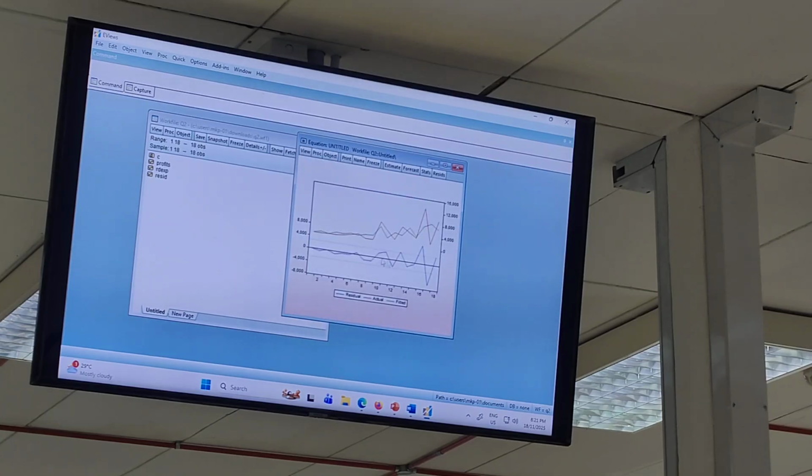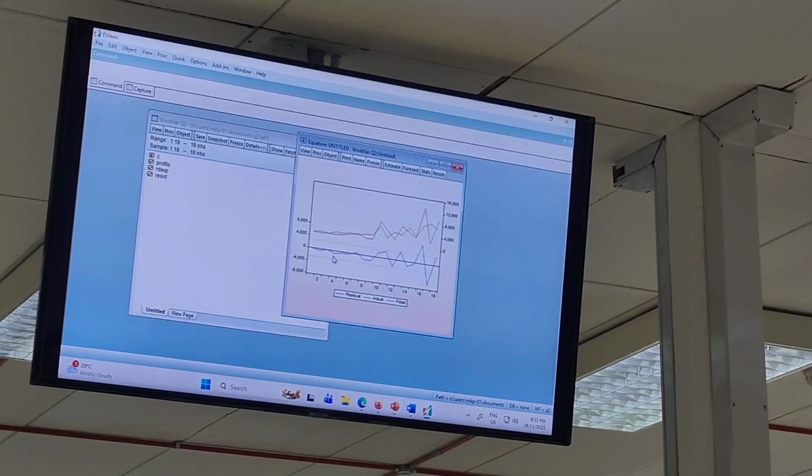So you see, this is the actual, the red line, and y hat is given by the green line. The blue line represents your error or residual, y minus y hat.